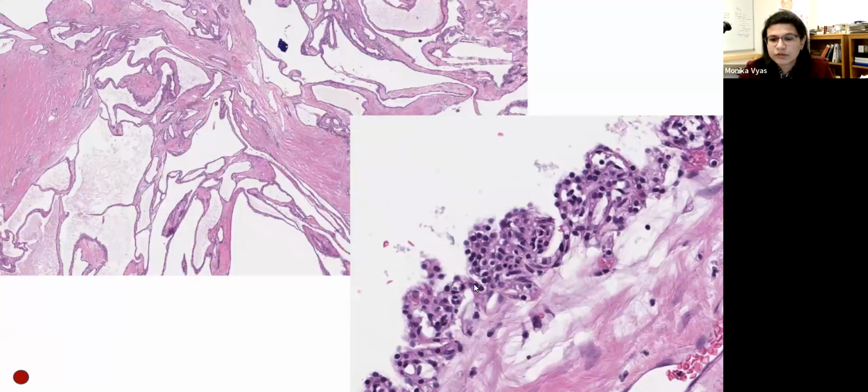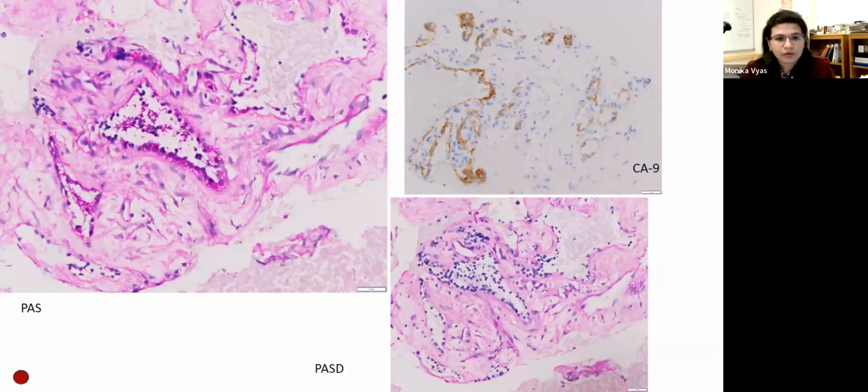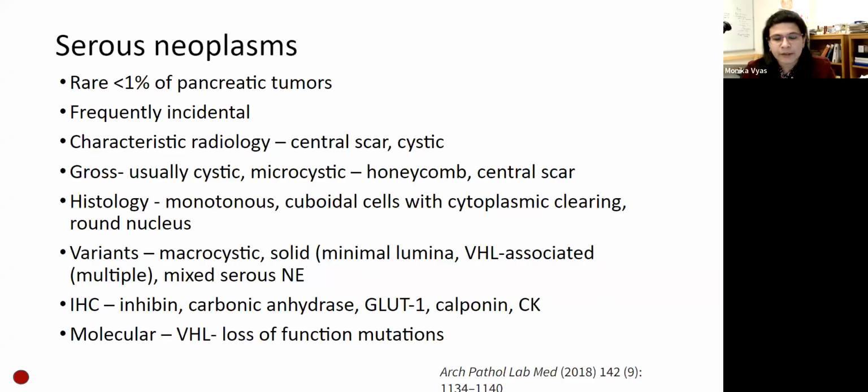One thing to note is very monomorphous, very dark hyperchromatic nuclei, often described as ink dot nuclei. So an important feature to consider when looking at biopsies of these lesions. And again, one can show PAS positive granules. These often show positive staining with CA9 because they have the same hypoxia pathway in the pathogenesis. So they're positive for CA9.